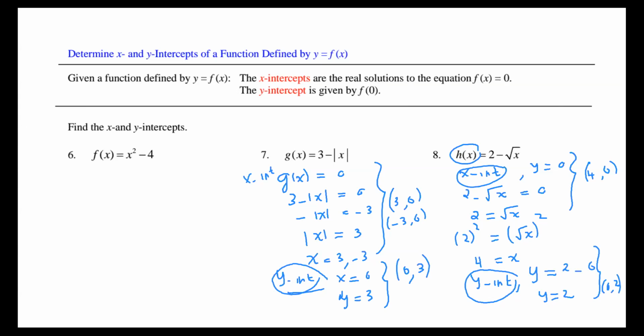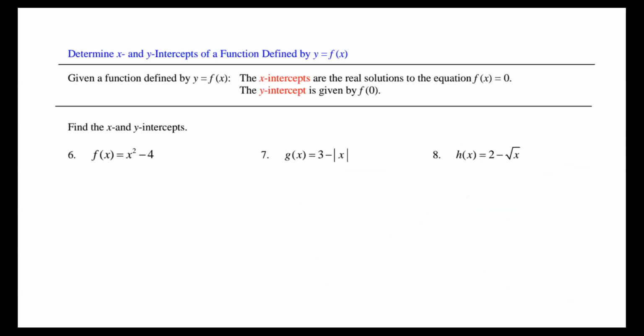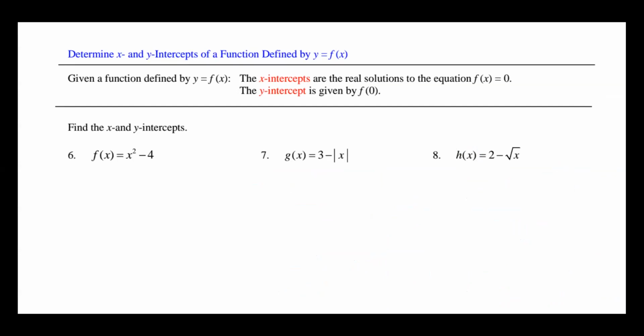Okay, so the next objective in this section is we are going to determine domain and range of a function. And then the last objective is we are going to interpret the function graphically. So let's go to the next objective.